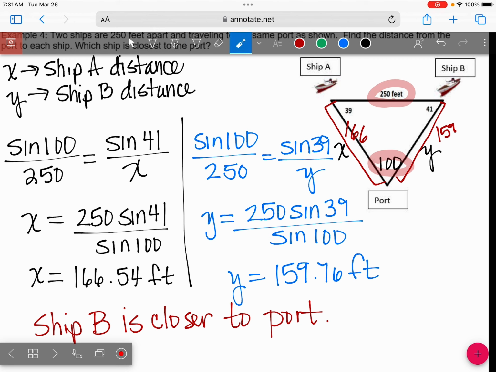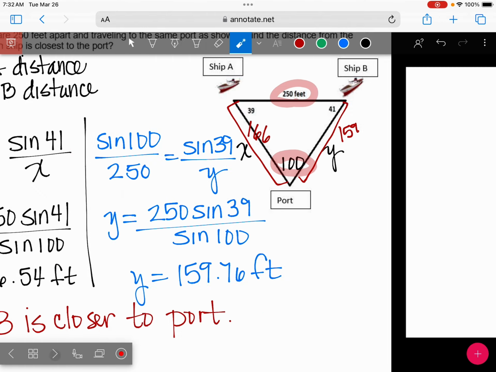So I knew that this side was going to be shorter because whatever your smallest angle is, the side opposite is going to be the shortest side. So the side opposite of a 39 degree angle is definitely going to be shorter than the side opposite of a 41 degree angle. But you got to show that you know how to use law of sines, so that's the way you can validate your answer moving forward.